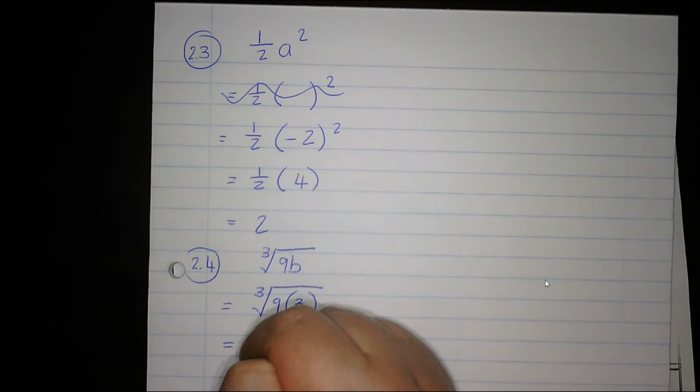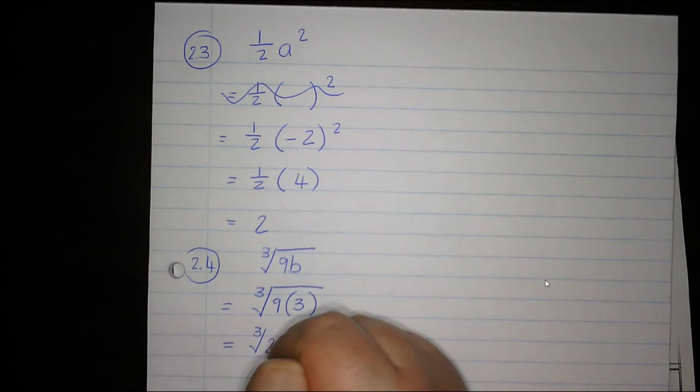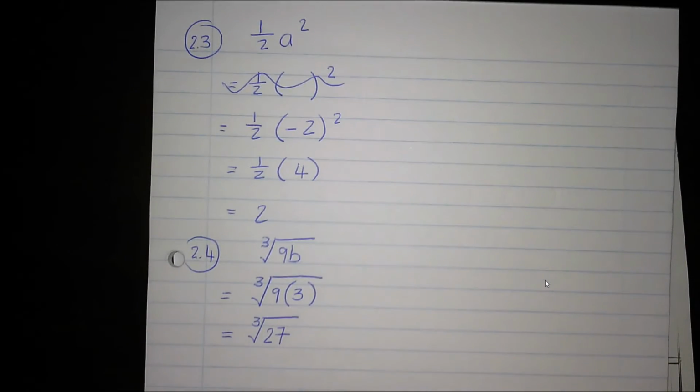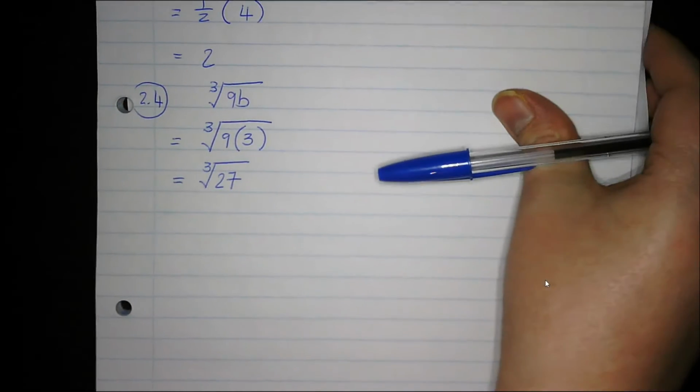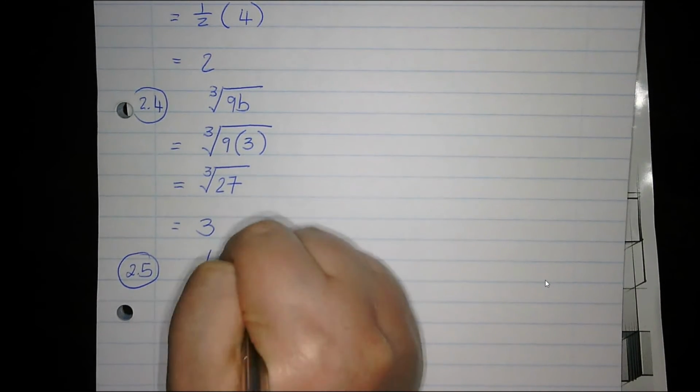Remember to simplify under the root first. That's the cube root. 9 times 3 is 27. Remember they give you the values for A, B, C, D. The cube root of 27 is 3. You can use your calculator for that. Let's see about 2.5. The square root of 2a to the power 4 minus 4c.